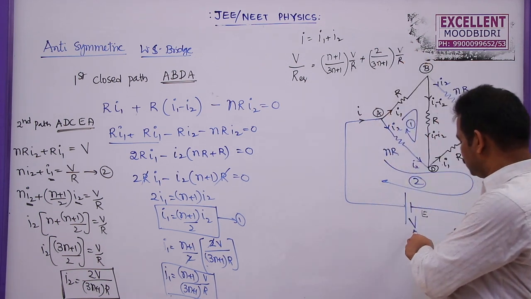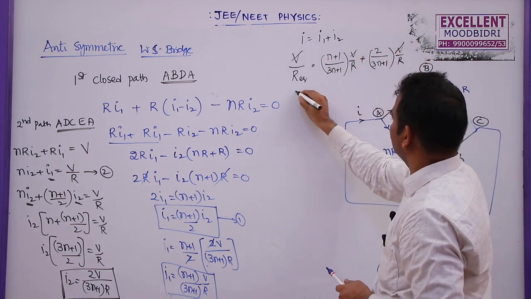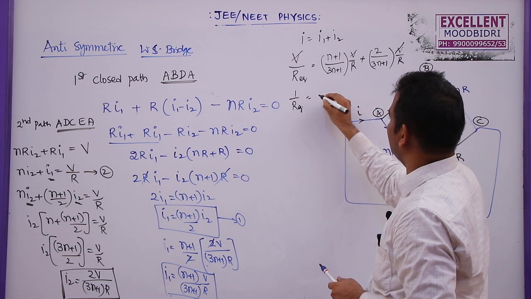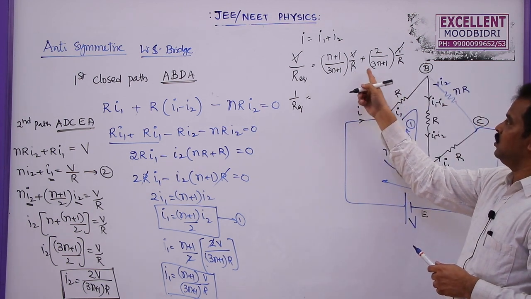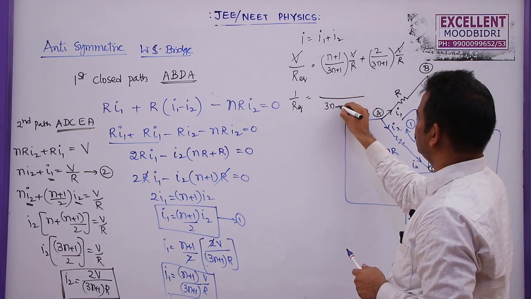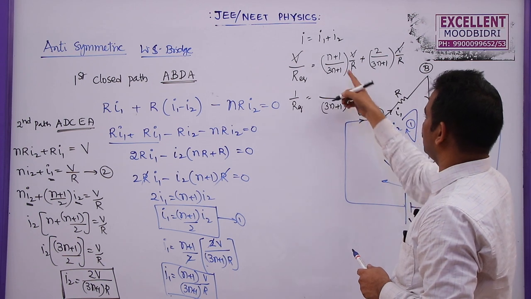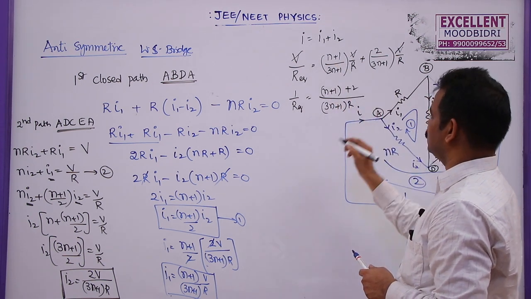Now V is the potential applied, so you can cancel this V. So 1 by R equivalent can be given as, you can see the denominator is the same, (3N plus 1) into R. In the numerator you can add N plus 1 plus 2.